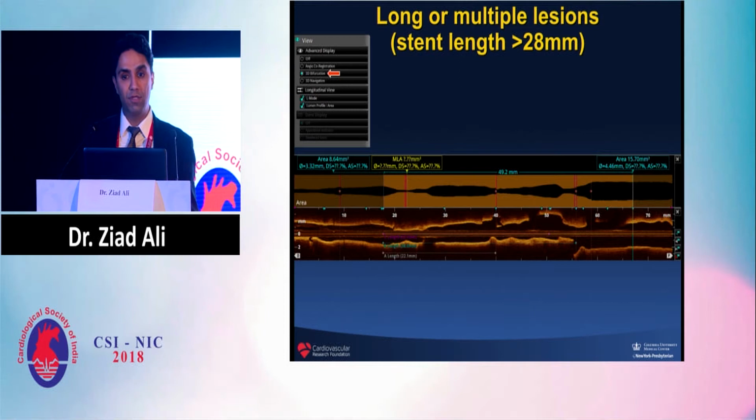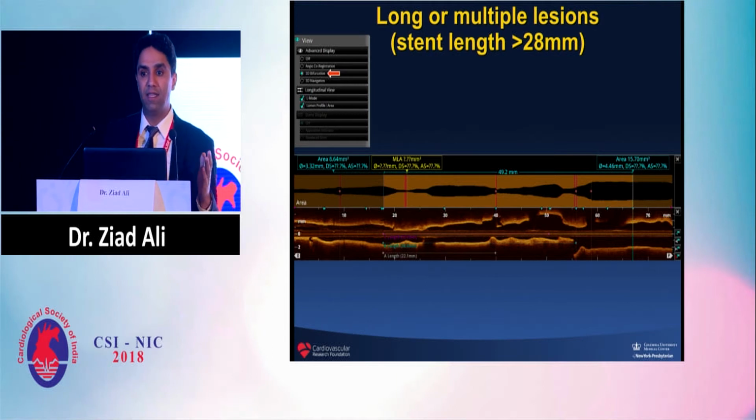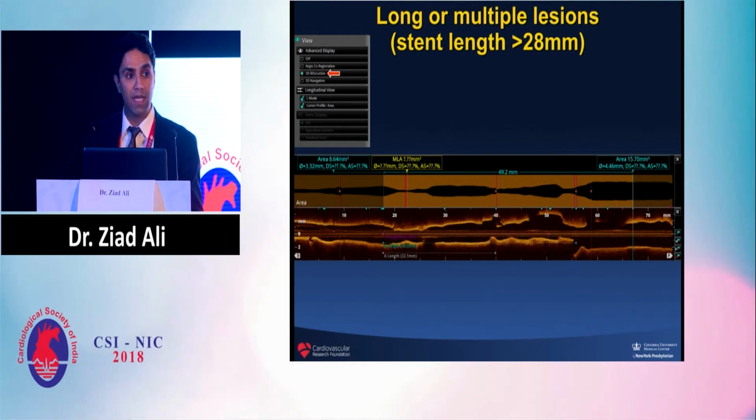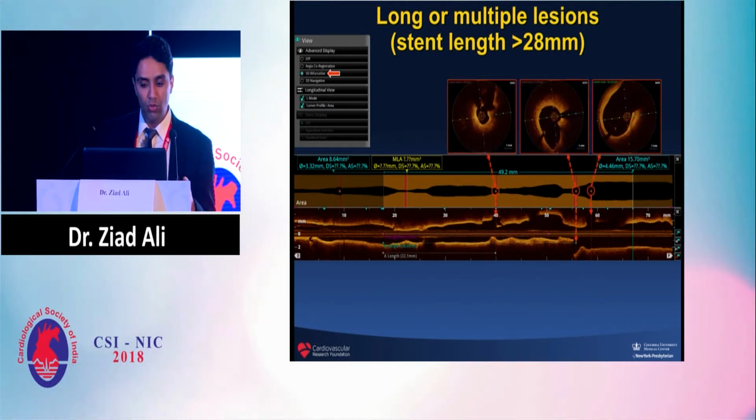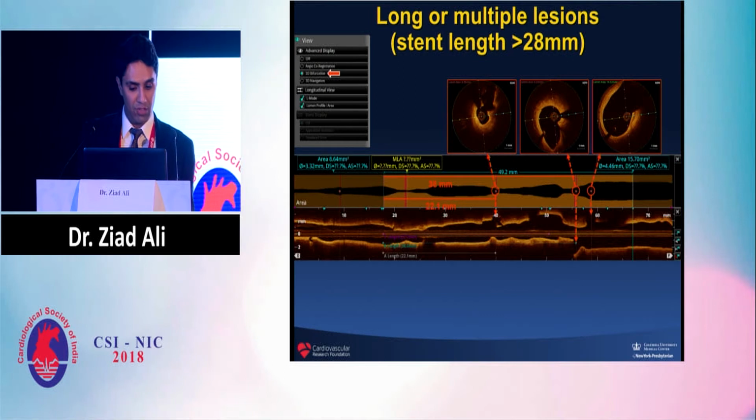Using this very simple technique by turning on this thing called bifurcation mode, you can actually ask the OCT to identify all branches that are more than 1.5 millimeters in an automated method. What does that allow you to do? It allows you to determine exactly where these branch points are and therefore determine that a 22 millimeter stent will lead to double jailing of a side branch, as will a 38 millimeter stent.